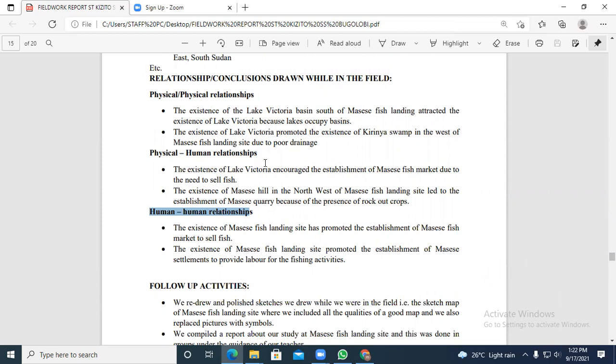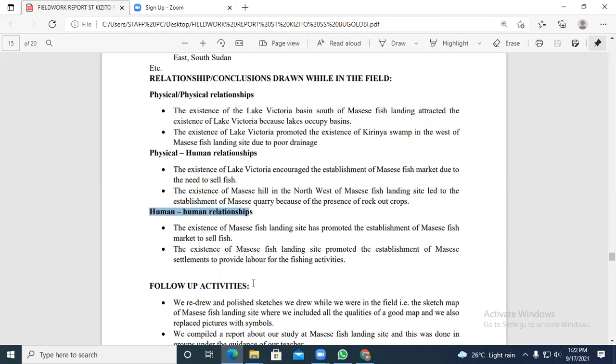We are just connecting how a physical relationship favors another physical relationship, how it encourages a human relationship, and how a human relationship also favors other human relationships.